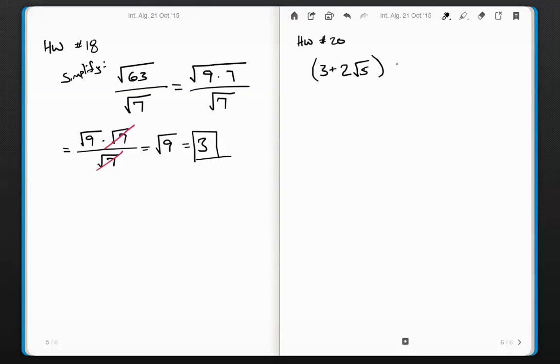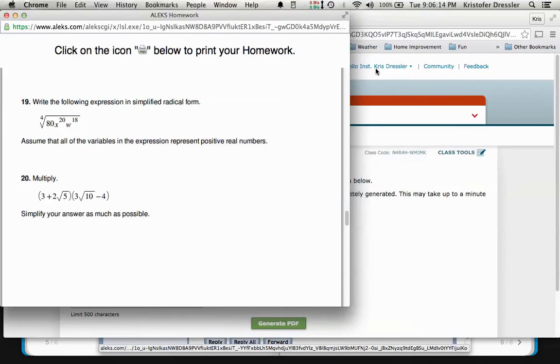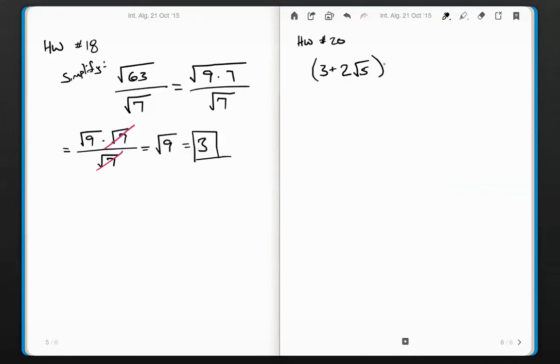It's just faster to say 2 root 5. And then the other one is 3 root 10 minus 4.